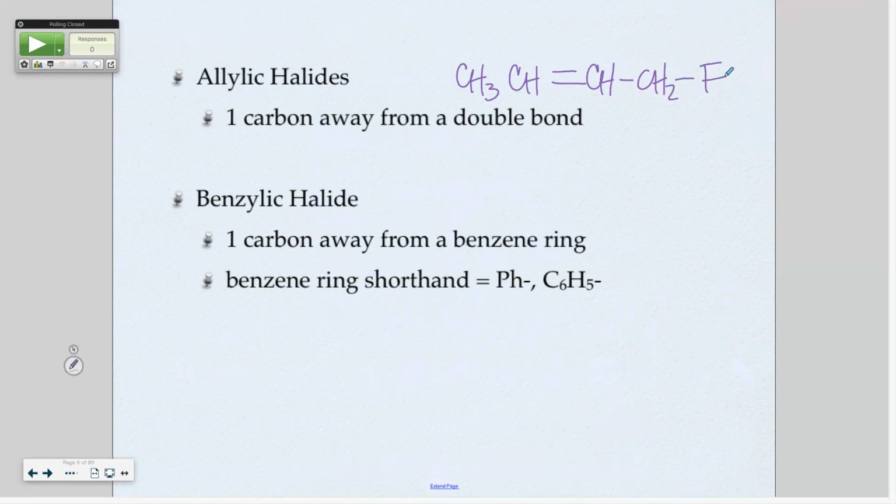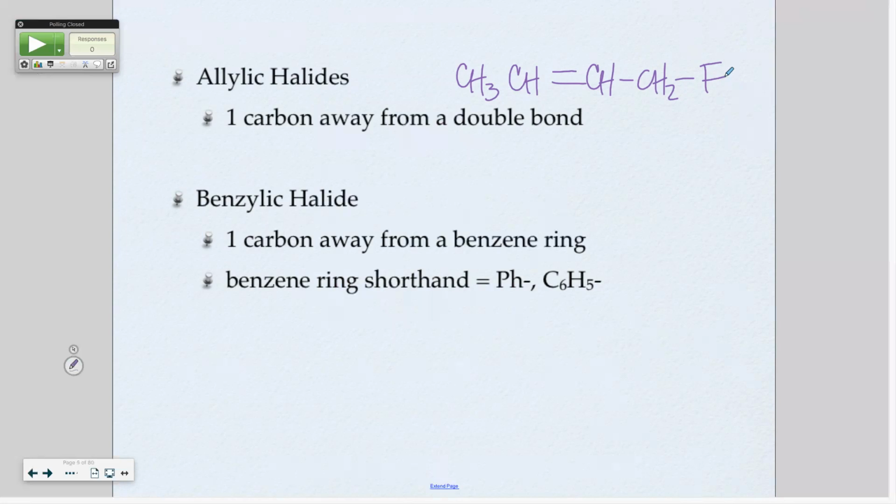Here, I used fluorine because we hadn't used that one yet. Now you've seen all four halogens. No astatine. We're not going there. So there's an allylic halide. Notice it's on a carbon next to a double bond.